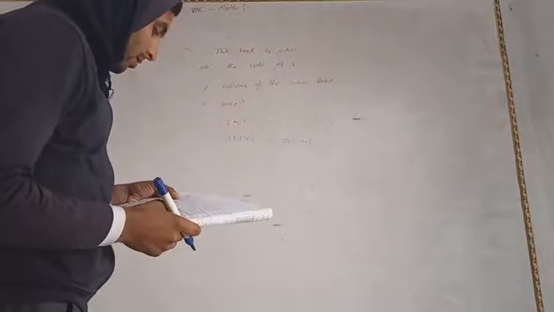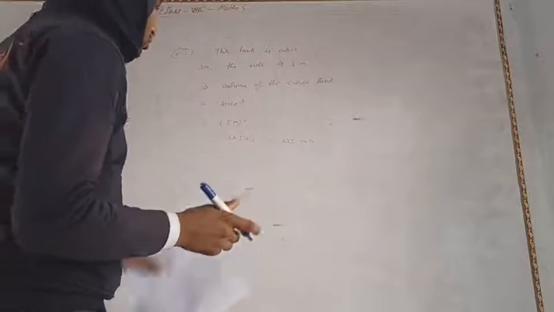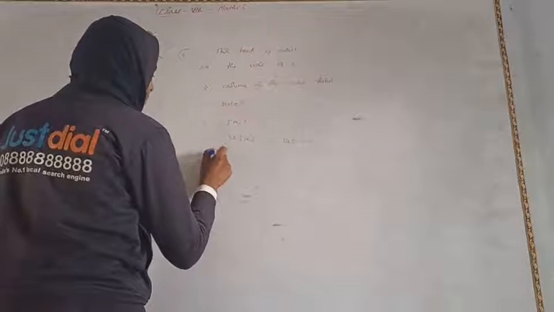Now again here given that find out the volume in liters. Hint given that 1 meter cube is equal to 1000 liter.